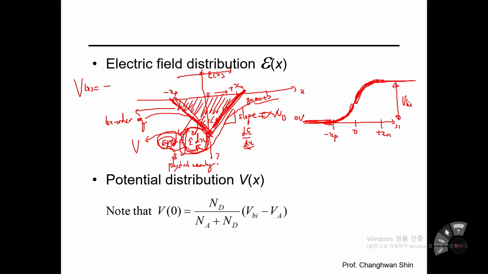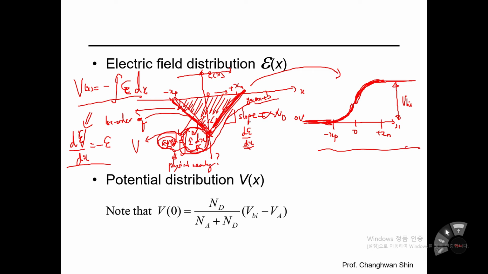Potential is defined as the integration of electric field. In other words, dV/dx is equal to minus E. So if you remember this, those are the two equations you're gonna get, and you're gonna estimate and draw the potential distribution along the x direction as shown here.